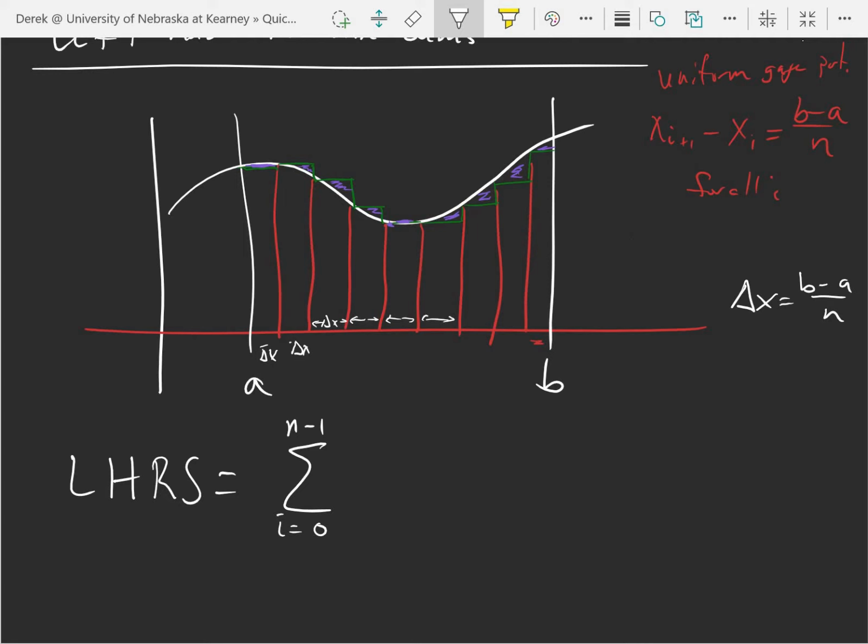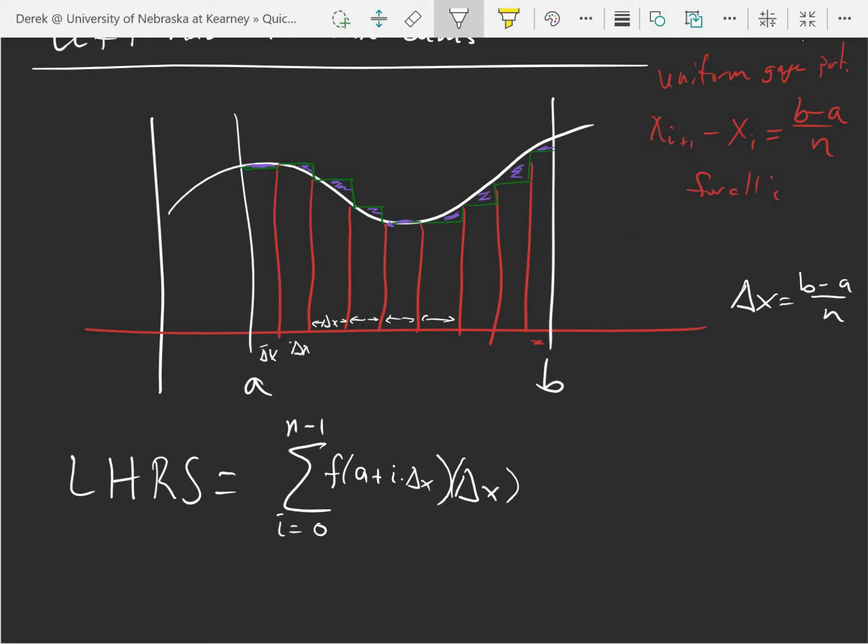So delta x is the width of each of the rectangles, and the height of the rectangles is the function value at the left-hand side. So I'm going to look at a plus i times delta x.